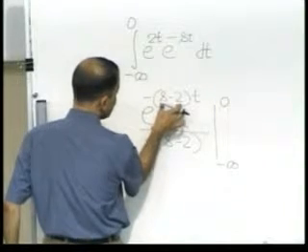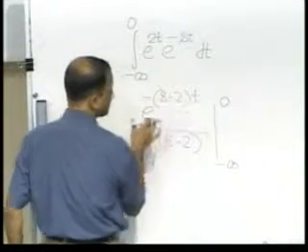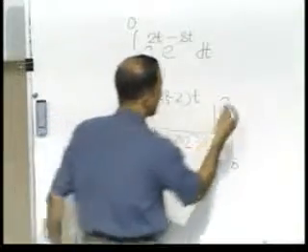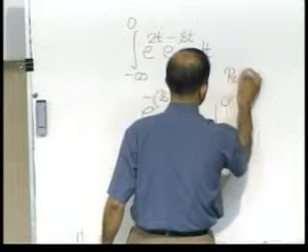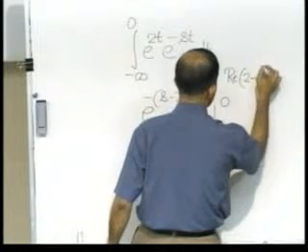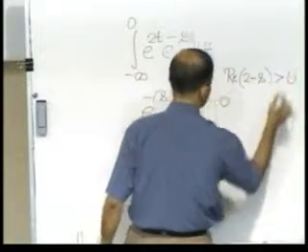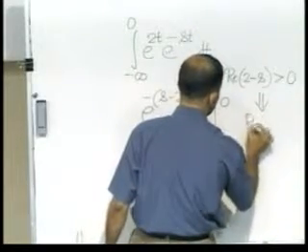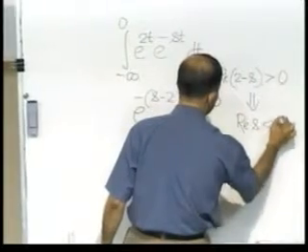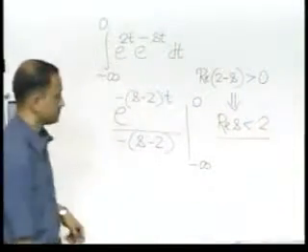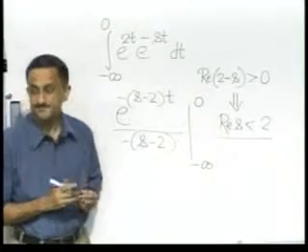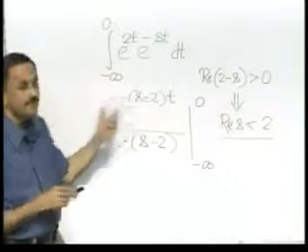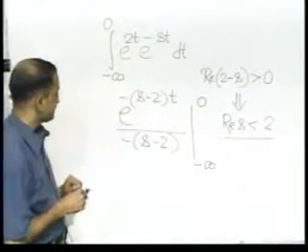We want this argument, 2 minus s, to have a positive sign. So the real part of 2 minus s must be positive. Clearly that means the real part of s must be less than the real part of 2, which is 2. This argument must have a positive sign, right?